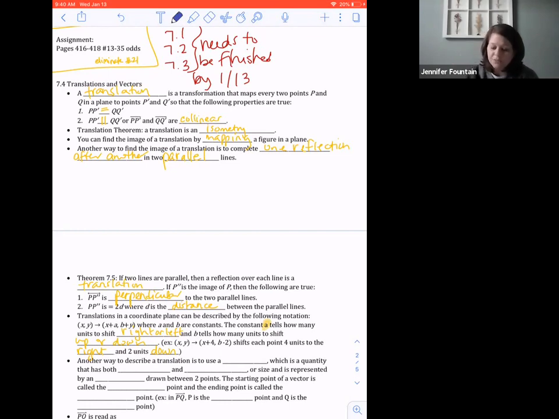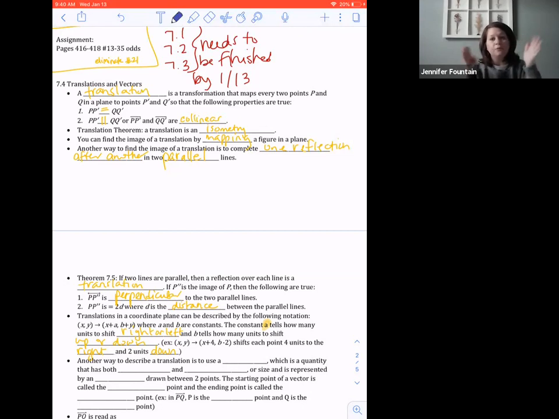You can find the image of a translation by mapping a figure on a plane. Another way to find the image of a translation is to complete one reflection after another over two parallel lines. So remember, with our rotation, we did two reflections over intersecting lines.